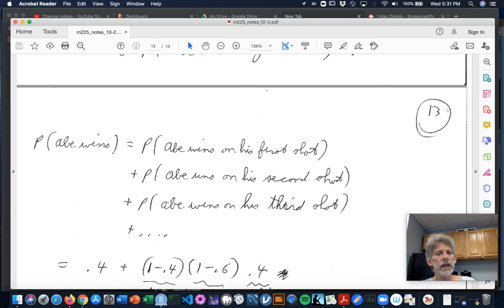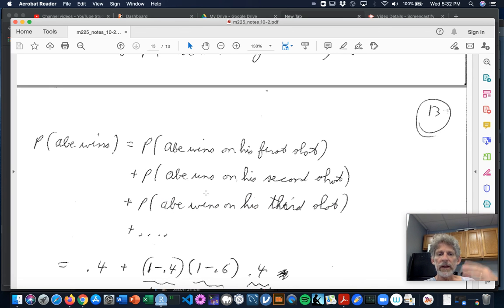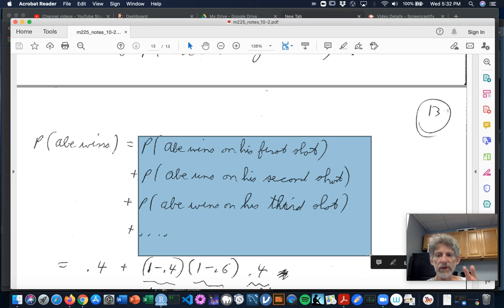Or it could be that Abe misses, then Bo misses, then Abe misses, then Bo misses, and Abe is up for the third time and he hits. Then Abe would win on his third shot. And you could go on like that for infinitely many ways that Abe could eventually win. If you add up the probabilities for all those ways, that's infinitely many little probabilities, then you would get the probability that Abe wins the duel. So we just need to find the probabilities of each of these ways and then see if they're an infinite series that we can sum.